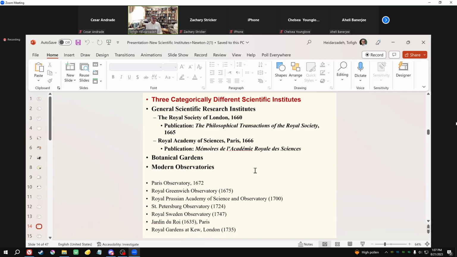So the Royal Academy of Sciences in Paris was established by Louis under the supervision of Colbert, the prime minister for Louis XIV, and he hired many scientists like Christian Huygens, one of the greatest mathematicians, physicists, and astronomers.